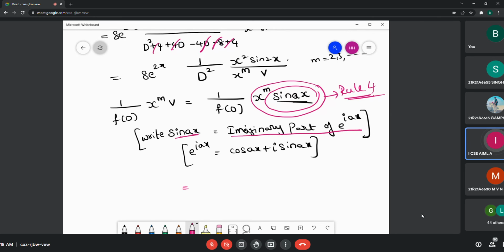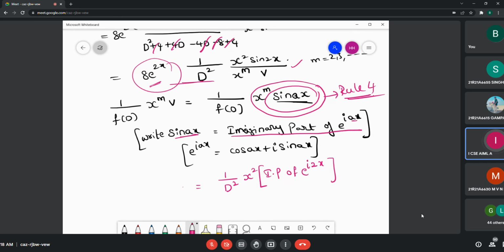So here 1 by f of d into this function. I'm not writing the 8 e power 2x here. So this is equal to 1 by d square, taking only x square, into the imaginary part of e power i2x.